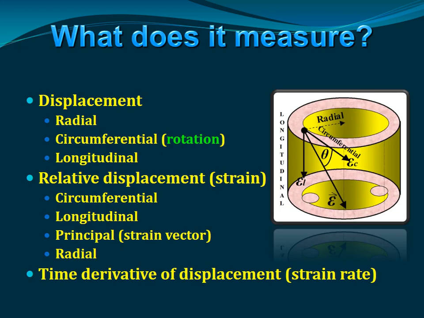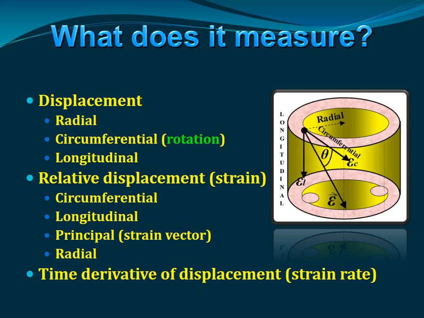So what do we measure? The machine actually follows speckles of light, and then we can measure displacement. We can measure displacement in the radial direction, which is what we look at as thickening. We can measure circumferential displacement, which is the rotation, which changes from base to apex, both in magnitude and direction. And we can look at longitudinal displacement.